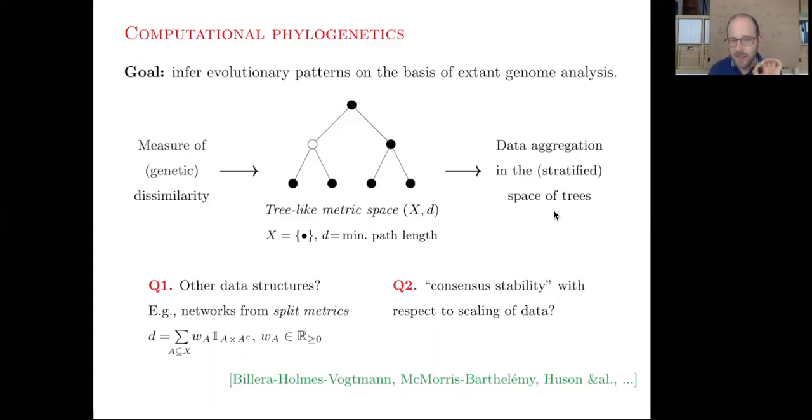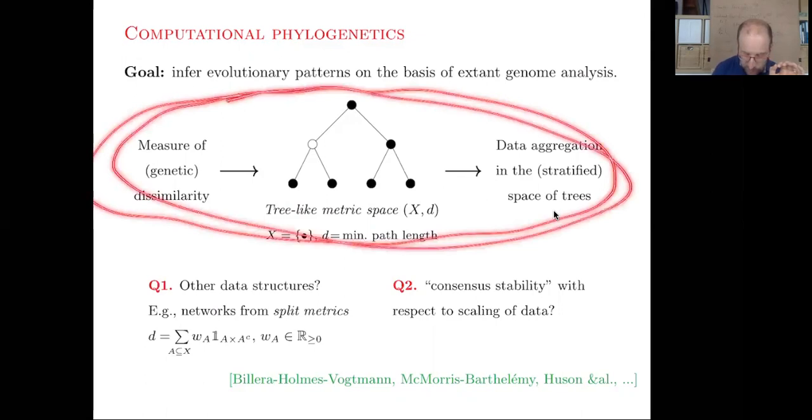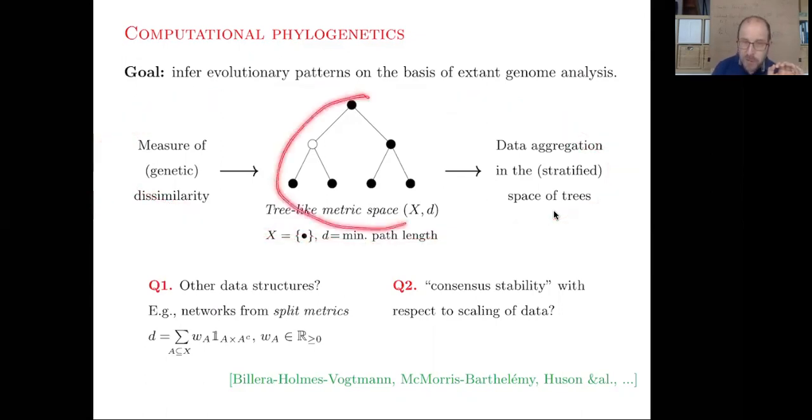For different reasons, biologists would like to be able to do the same kind of reasoning, but not only with trees, with slightly more general metric spaces. For example, some that one might represent like this.